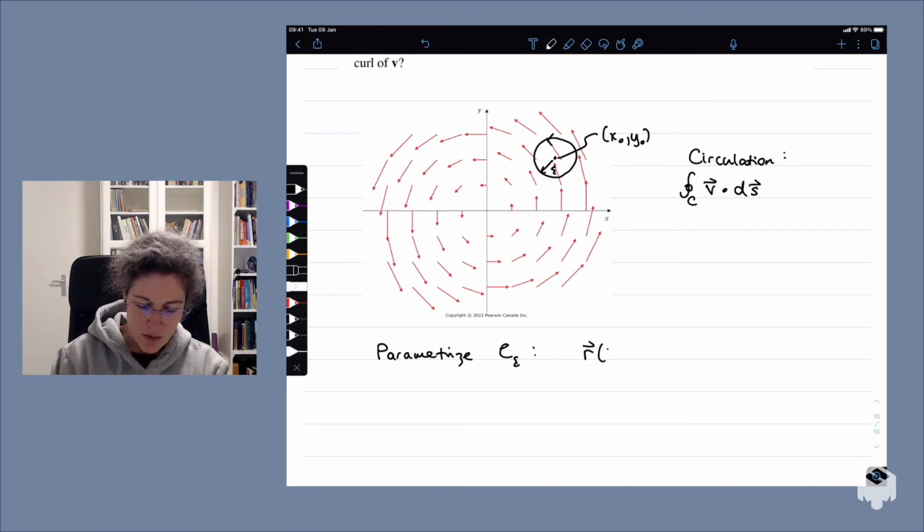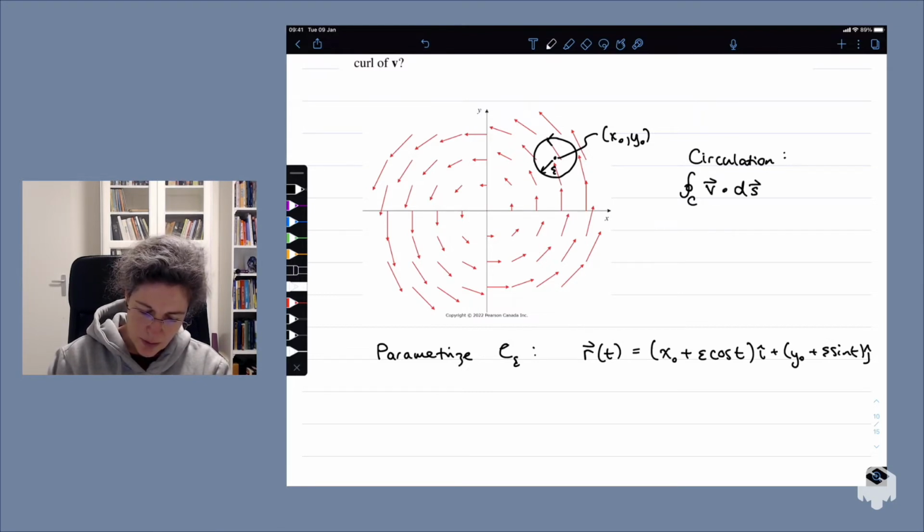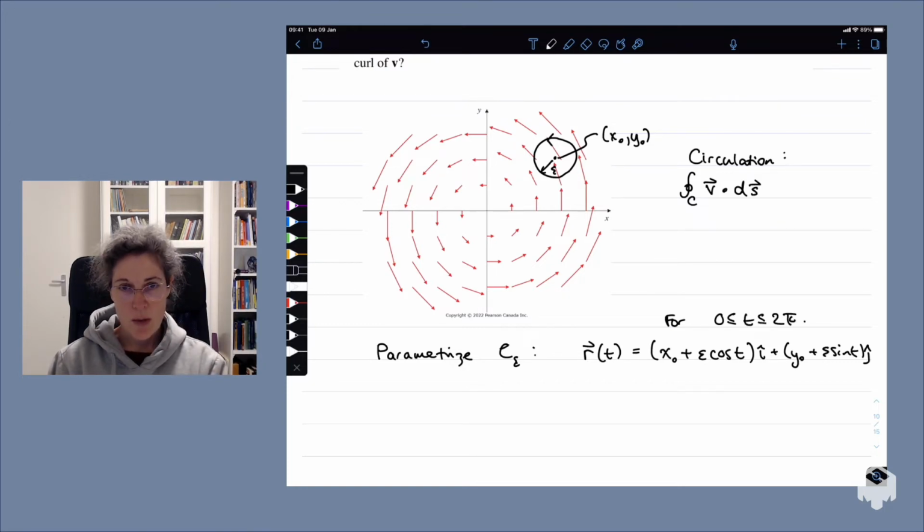The parameterization we're going to use is the fairly standard one we've used a bunch of times before. Okay, so this shouldn't be any surprise.